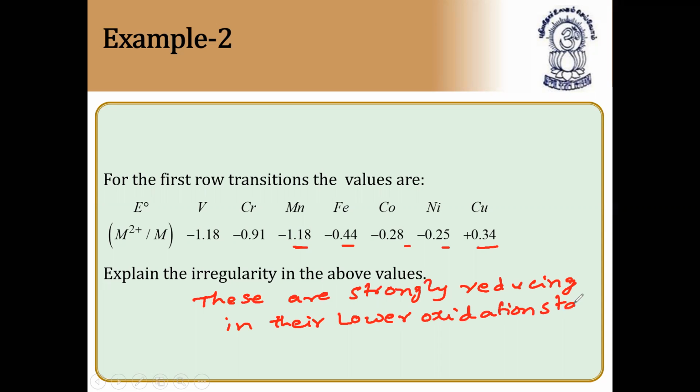Hence, they have negative values. That's why they have irregularity. And for copper, it is +0.34, because it is less reducing when compared to all these.